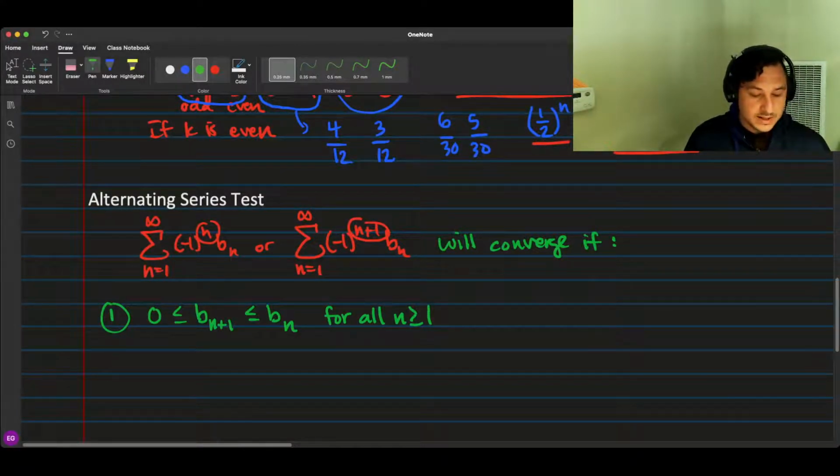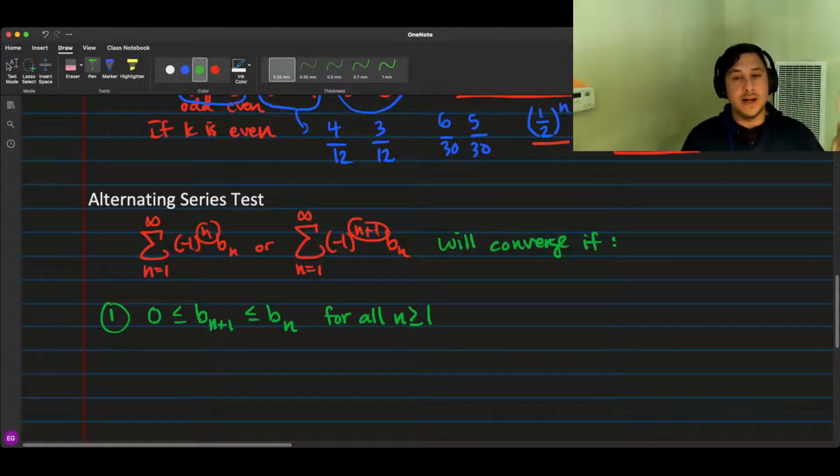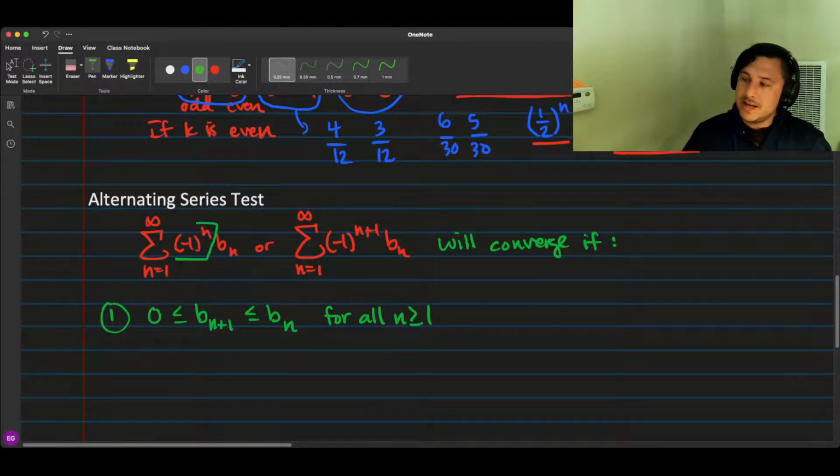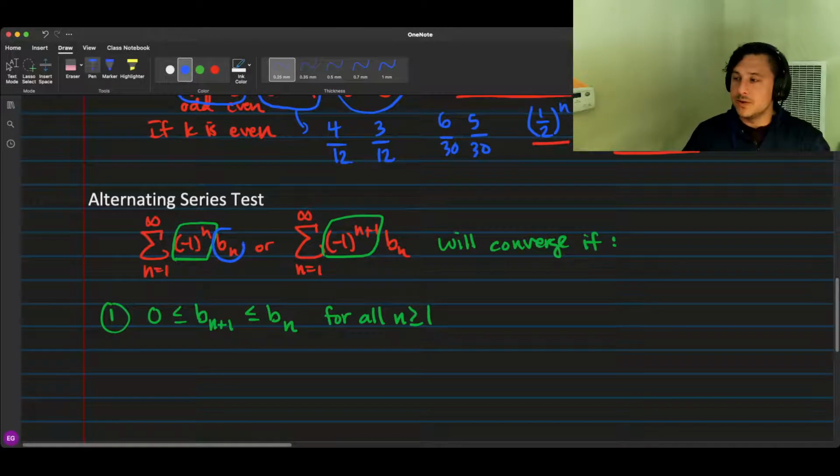So what this is basically telling you is that if you forget about the fact that the terms go positive or negative, because I hope everyone can see that the negative 1 to the n, or the negative 1 to the n plus 1, is what makes the stuff negative. The bn terms are all assumed to be positive.